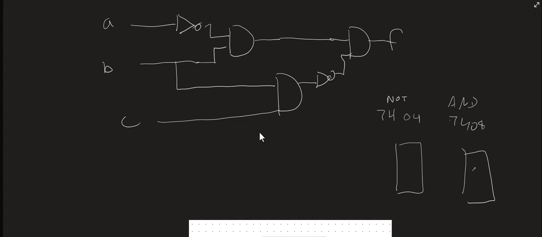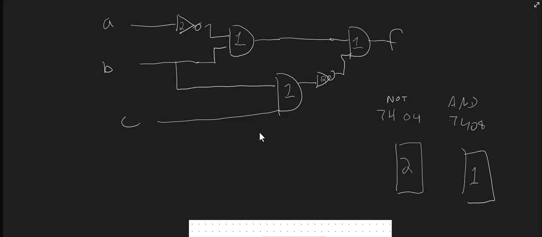So this will be chip number 1 and chip number 2. I'll label these 1 and this one 2. Now if I needed 2 AND gates, I would just have a third one on there.